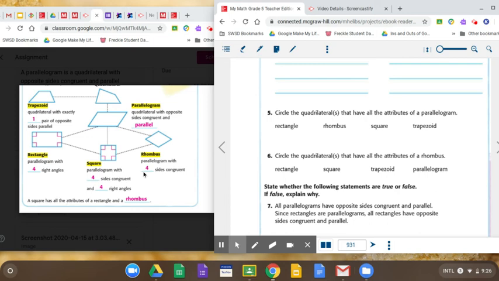And it does, and it has the same definition as a parallelogram. So a square actually has all the attributes of a rhombus. Yes, we know it has more because it has the four right angles, but it's just asking, does it have all the attributes of the rhombus? So yes, you would circle that one. The other ones wouldn't work because it has to have four congruent sides.